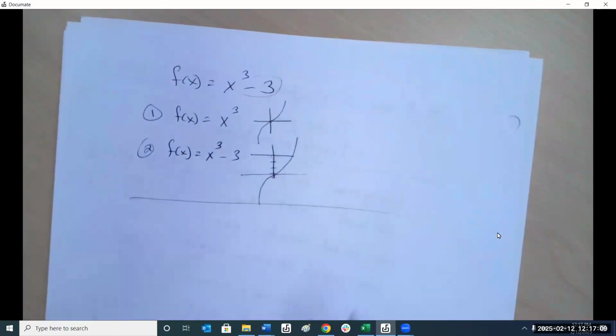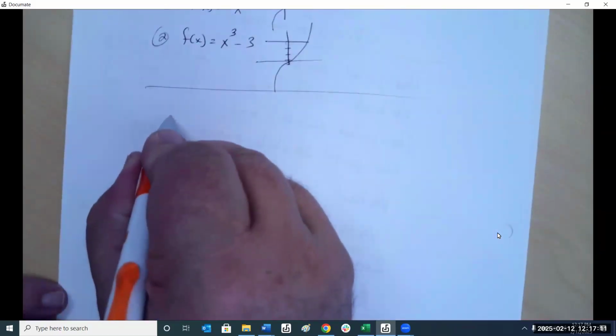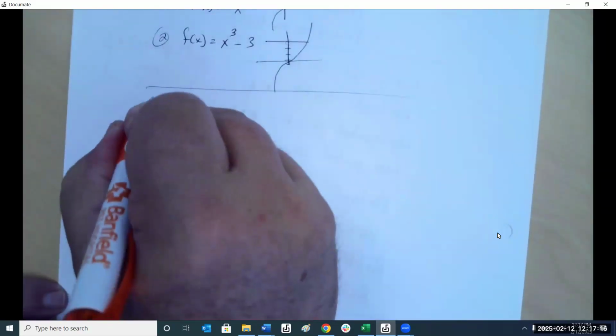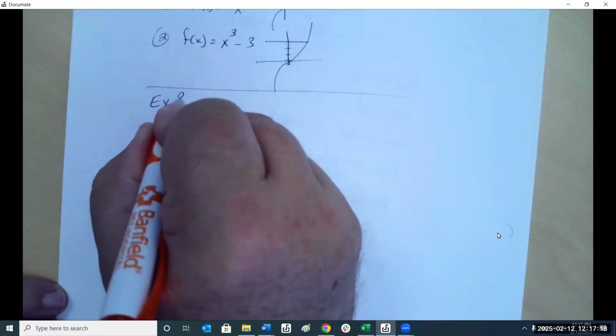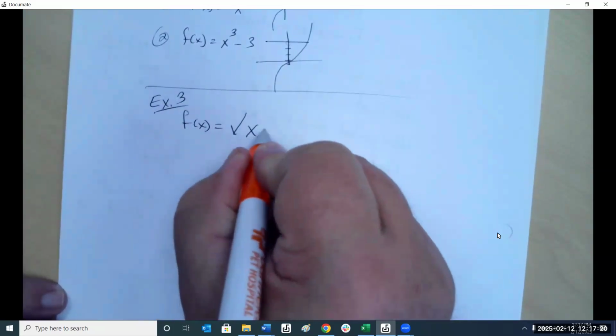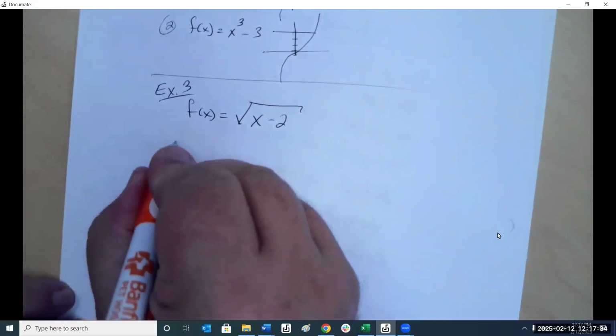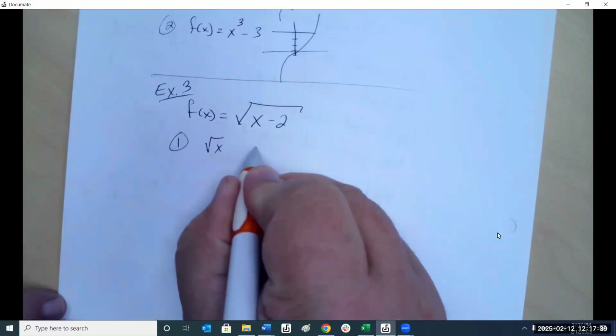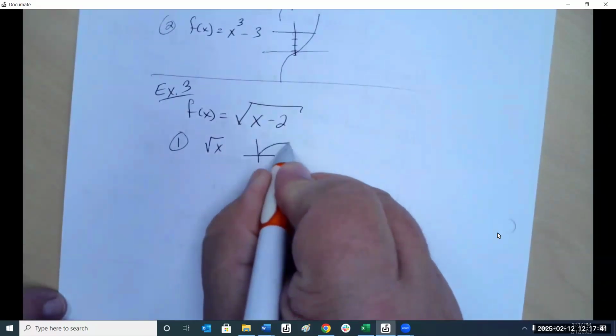Next example. What's going to happen to this one? So what's the graph? What's the basic function? What does that one look like? Like that.